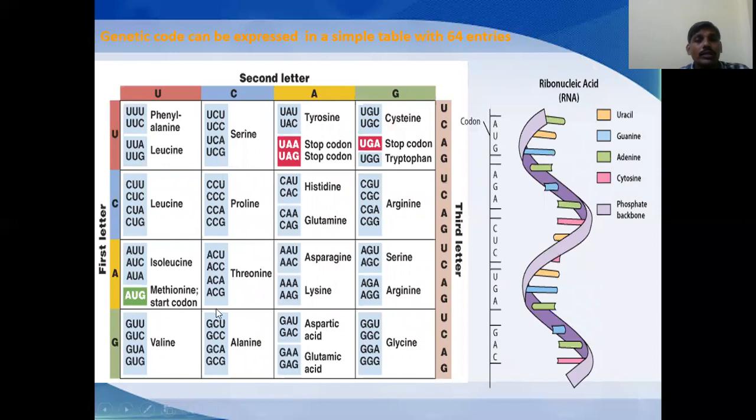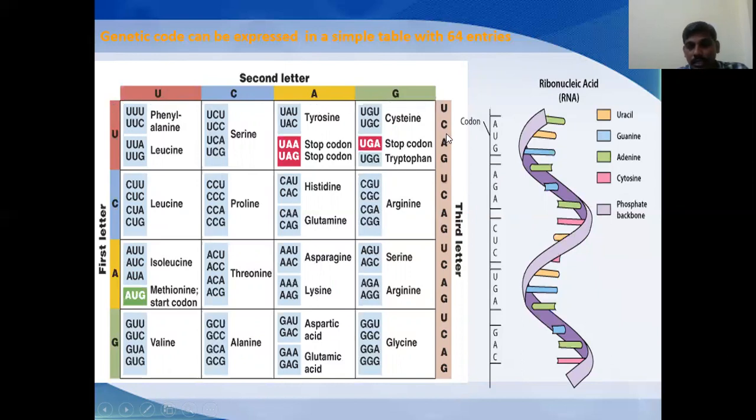So how many codons are formed with the help of the codon dictionary? The genetic code can be expressed in a simple table with 64 entries. For example, in the first vertical column, we have 4 nitrogen bases, that is uracil, cytosine, adenine, and guanine, UCAG. And one more row, UCAG.